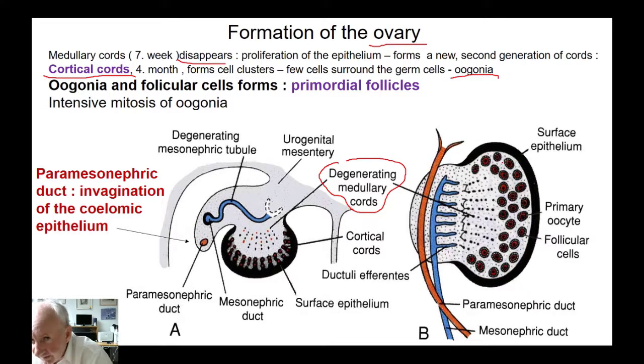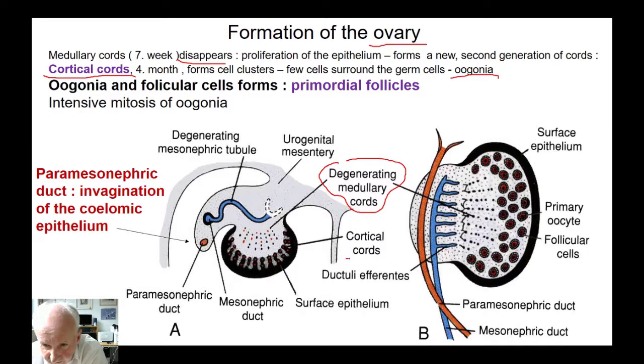you have the primordial follicles on the ovary. So this is the problem of the developing second generation of cords, cortical cords, as you see on the first picture.